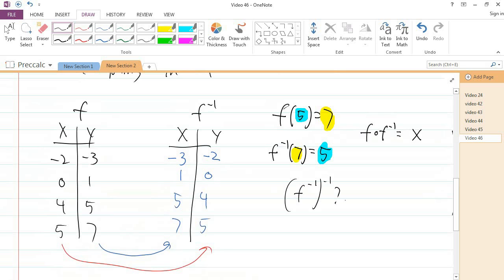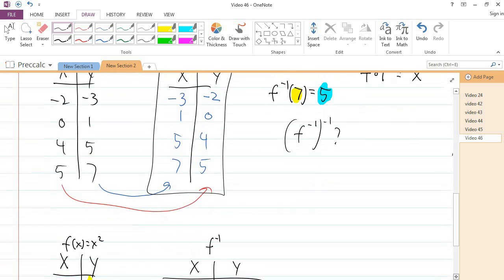Actually, you know what? Write it down on a sheet of paper and hand it in tomorrow. Okay? What's the inverse of f inverse? And if you aren't sure, think about this example. Think about finding the inverse of this and what you end up with. Okay? All right. Let's look at one last thing and then I'll let you go.